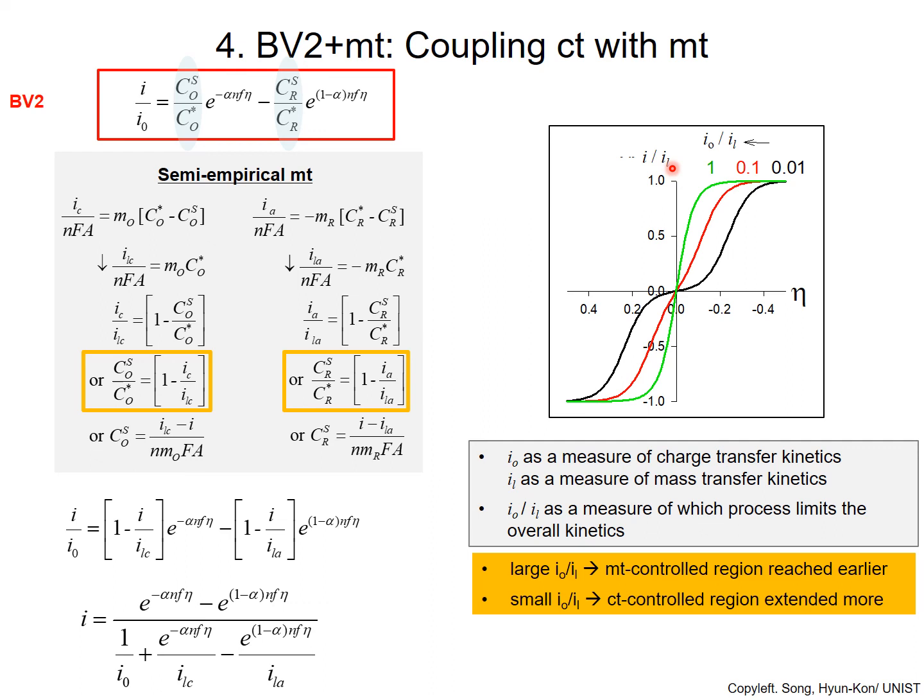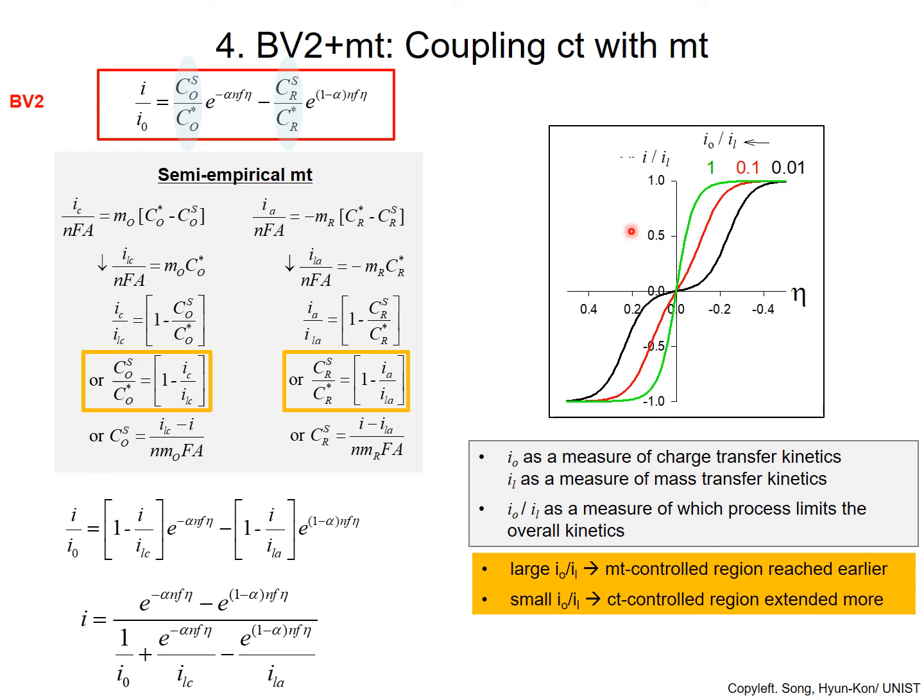For drawing this graph, I have assumed that the limiting current for the cathodic process is equal to the limiting current of the anodic process for simplifying the equations. The current was normalized by the limiting current. Therefore, for all of the conditions, the curves go to 1 for the limiting situations.